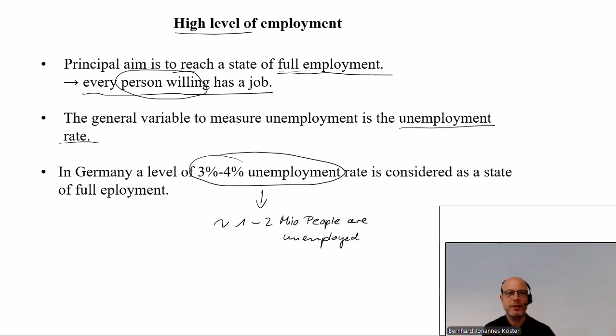These are roughly 45 million people, and the relevant number of 1 to 2 million people, we assume then we are at a level of full employment. What do you think is the reason that we are talking about full employment in a situation where really a relevant number of people are still not in work? Can you think about this?